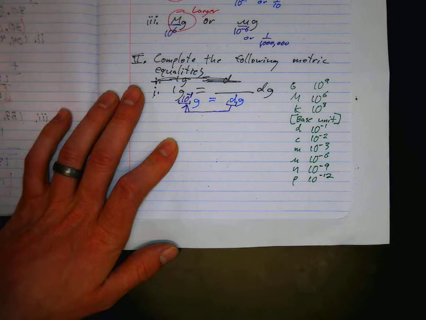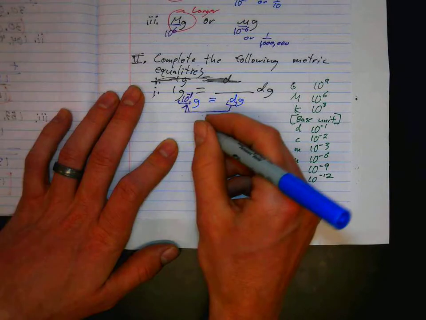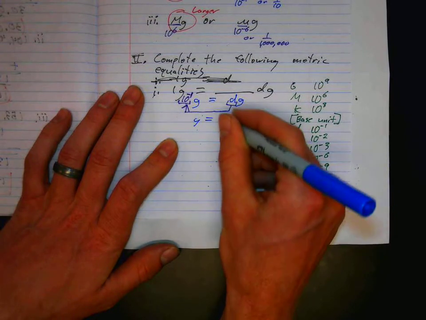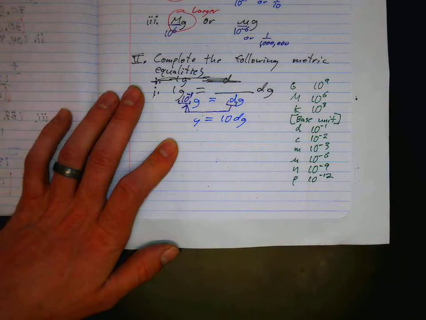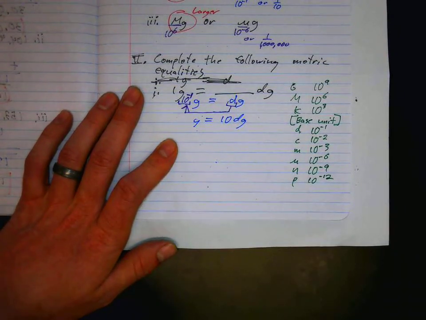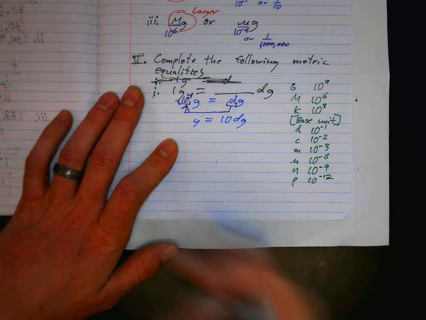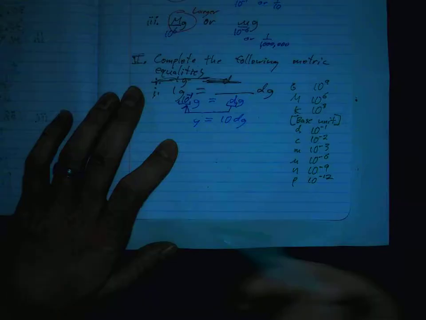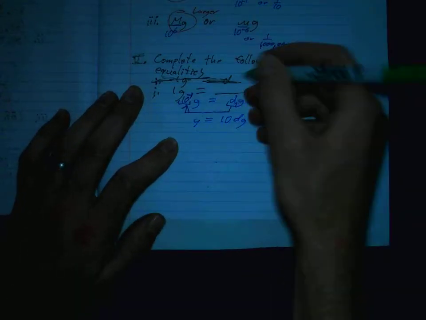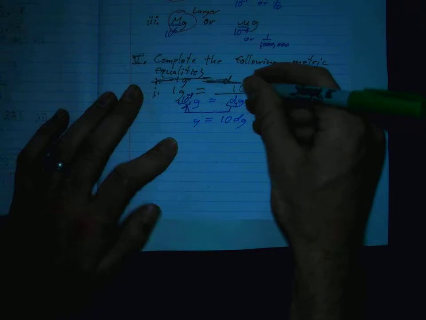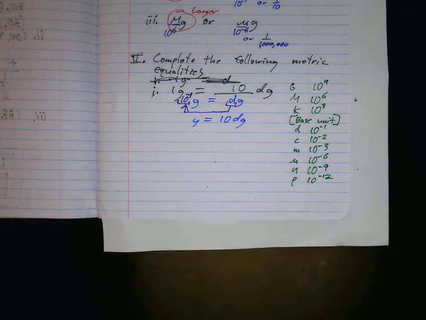So if we multiply both sides by 10, then we have this statement. A gram is equal to 10 decigrams. And that makes sense, right? Deci, it's the same prefix that dime comes from. How many dimes are in a dollar? Well, 10. So that is our answer. 1 gram equals 10 decigrams.